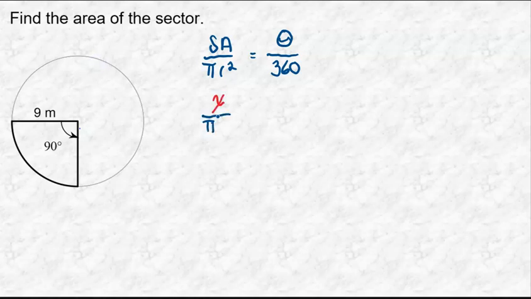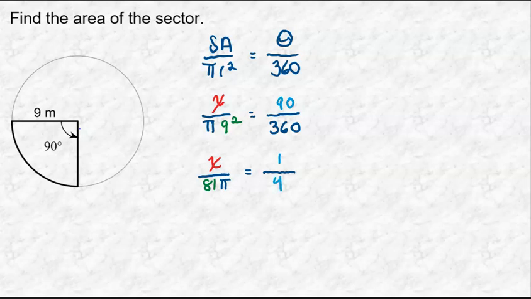Then I'm going to insert the radius. Now let's get the other side of the proportion going, which means my reference angle is 90 degrees. Now I'm going to start to simplify my equation so I can make it easy to cross multiply. 9 squared is 81, and 90 over 360 reduces to 1 over 4.